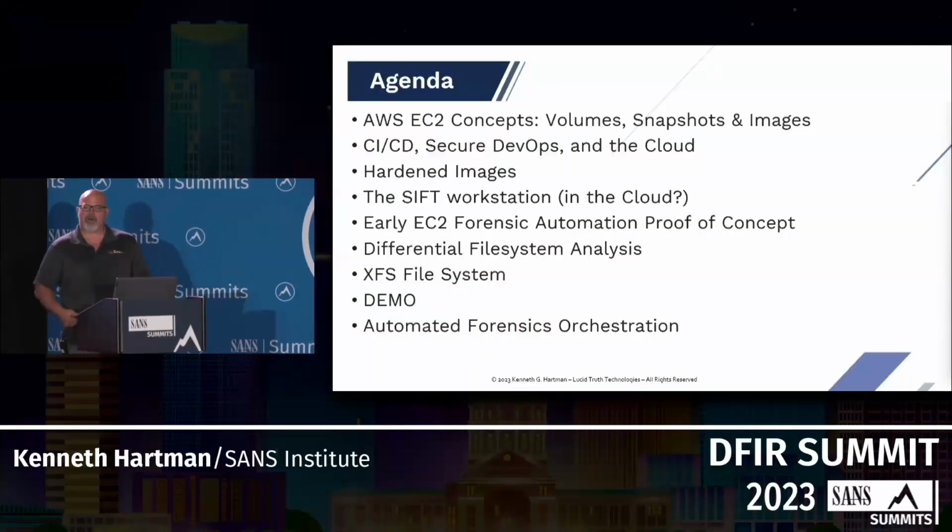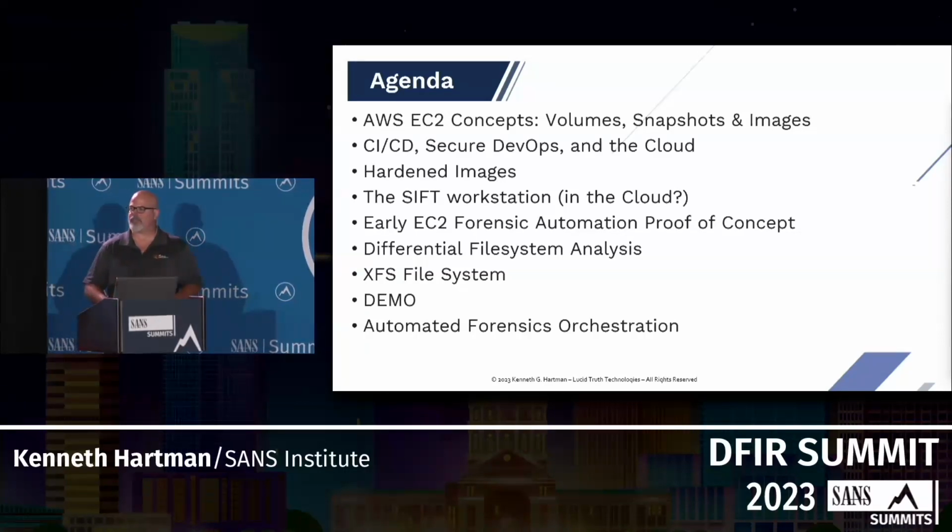As I said about designing this talk, I wanted to make it interesting to all levels of cloud experience, all the way from none to expert. So I'll be covering some basic AWS EC2 concepts that will enable me to talk about this differential file system analysis technique.